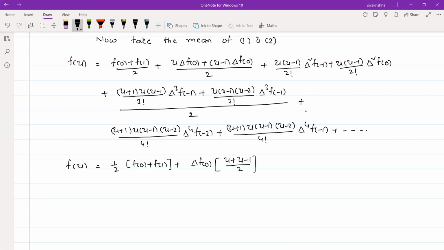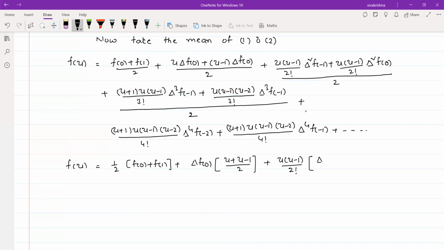Coming to the next term, we have u into u minus 1 by 2 factorial as common. If we take this term as common, we get delta square. Sorry, here we have not represented the mean. We have to add both the terms and we have to write by 2.